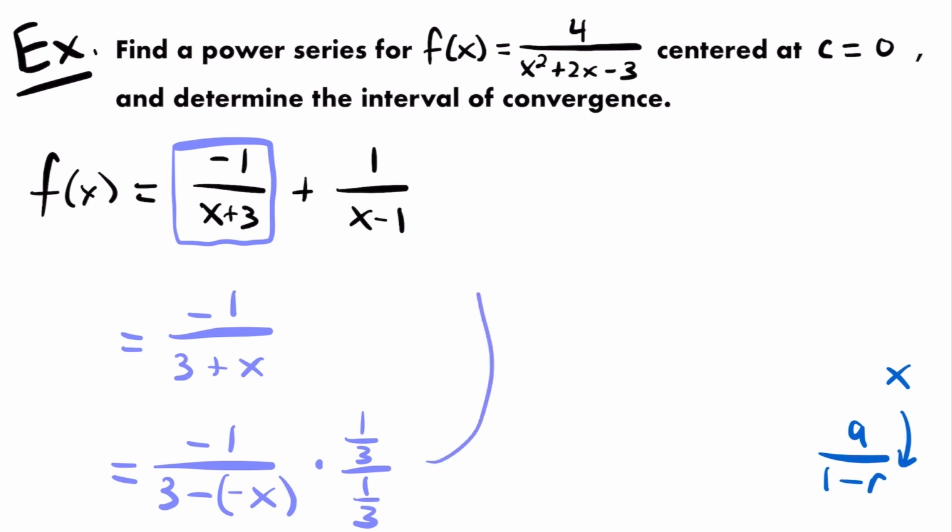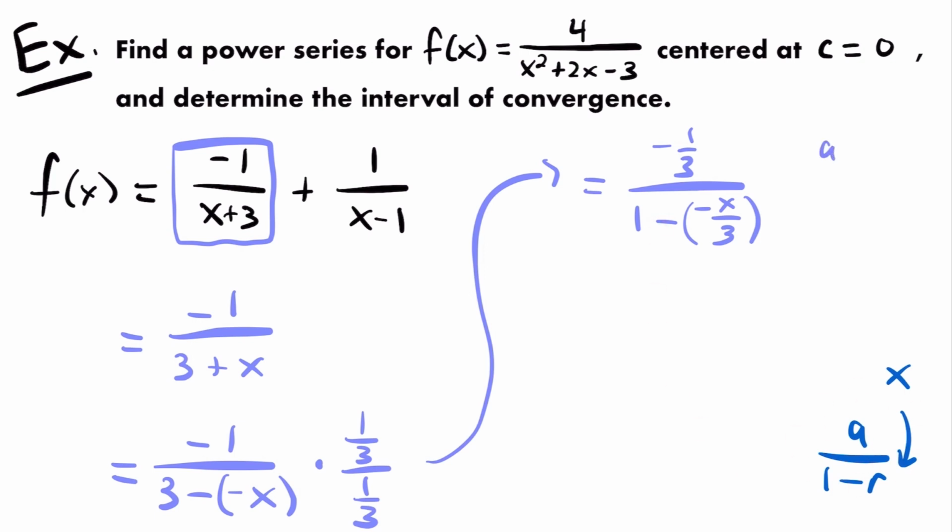All right, so if we do that, we will have negative 1/3 divided by 1 minus negative x divided by 3. Okay, 1/3 times negative 1 is negative 1/3. 1/3 times 3 is positive 1, and 1/3 times the negative x is negative x divided by 3. And so now our partial fraction is in the form of the sum of a geometric series.